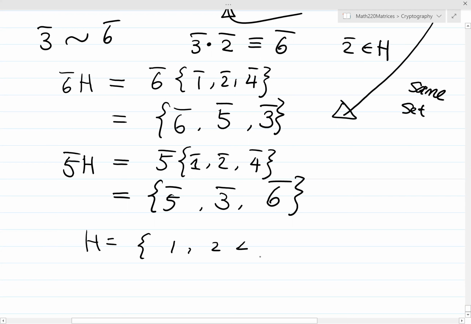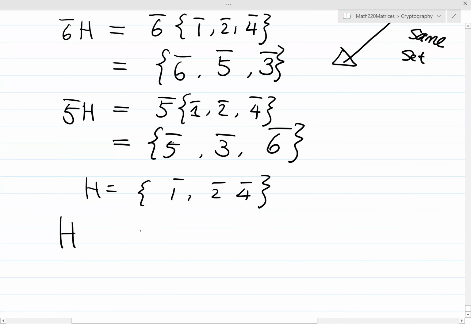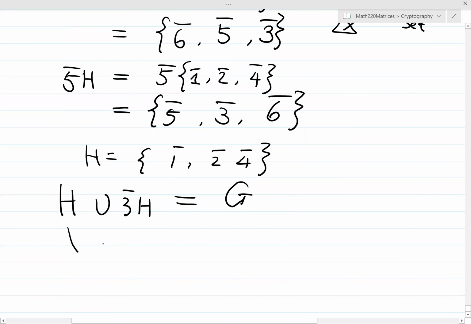So the union of H and 3 bar H, the cosets, actually gives us everything: 1, 2, 3, 4, 5, 6. So this is the total group G. Now H and 3 bar H both have 3 elements, the same number of elements.